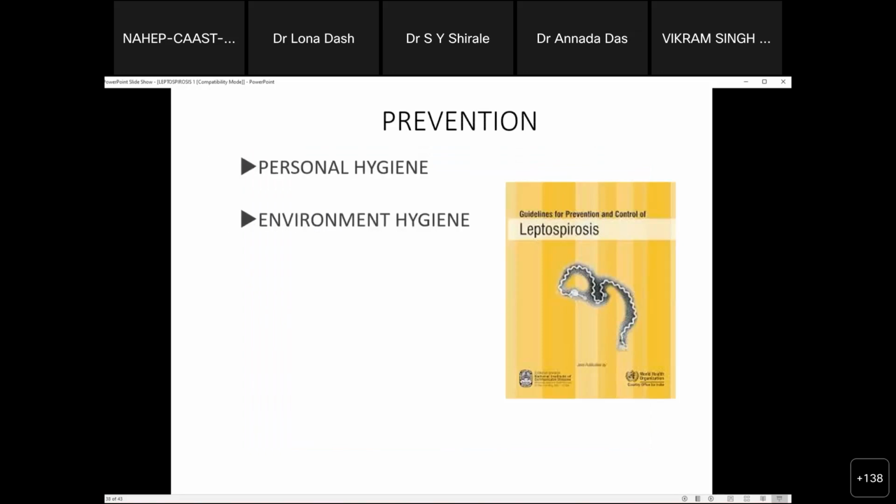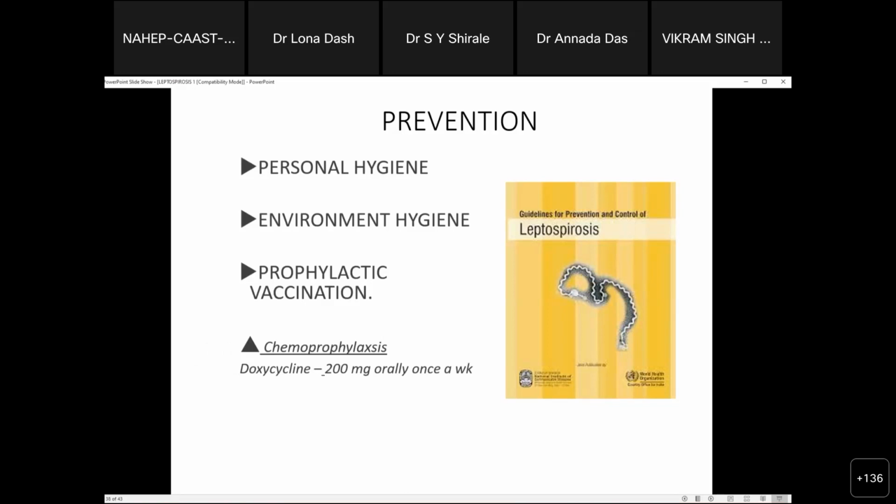Coming to prevention, the infection can be reduced substantially and prevented to a large extent with the help of personal hygiene, environmental hygiene, and prophylactic vaccination wherever required. And of course, chemoprophylaxis, which I just told you.